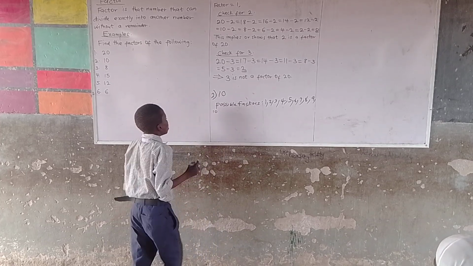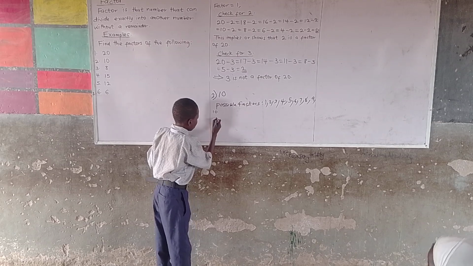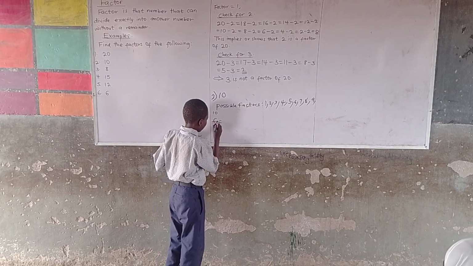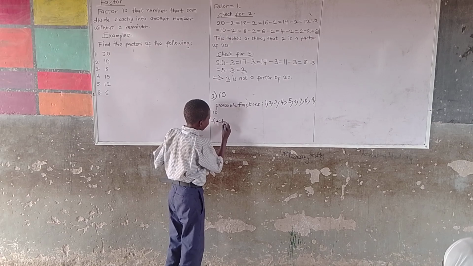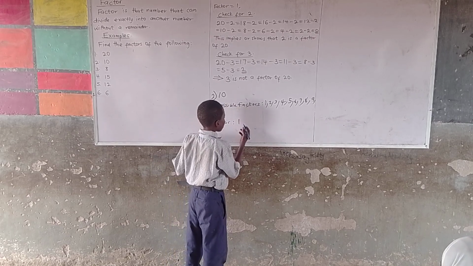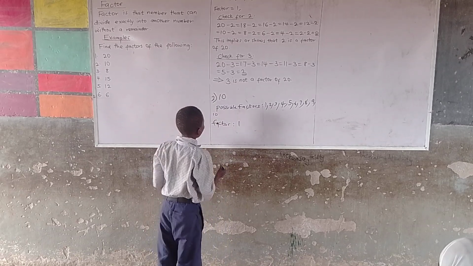So, we have already known that 1 is a factor of 10. Let us check if 2 is a factor of 10.